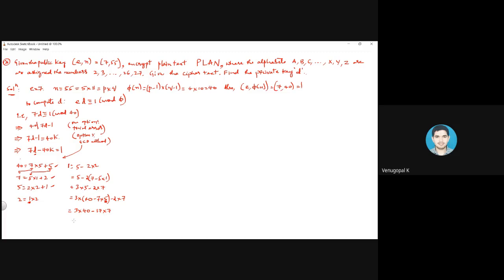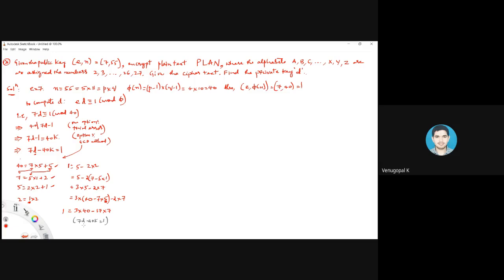This, if we compare it with what was the expression, I'll write it in a different color. We have already got it here. I'll write it here so that we can compare. So what do we have? 7d minus 40k equals 1.